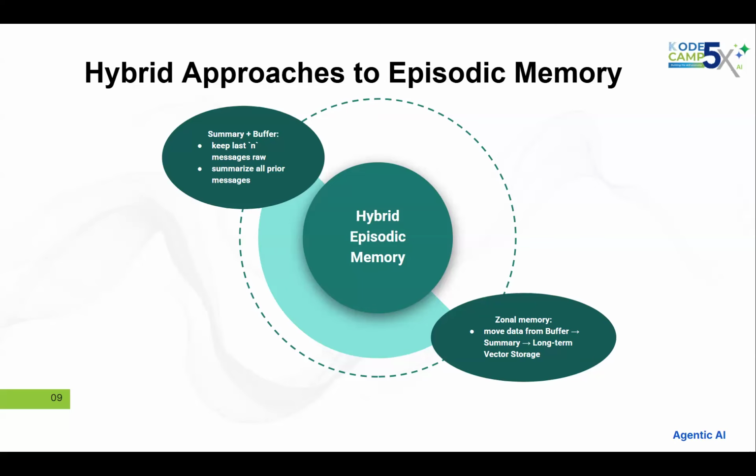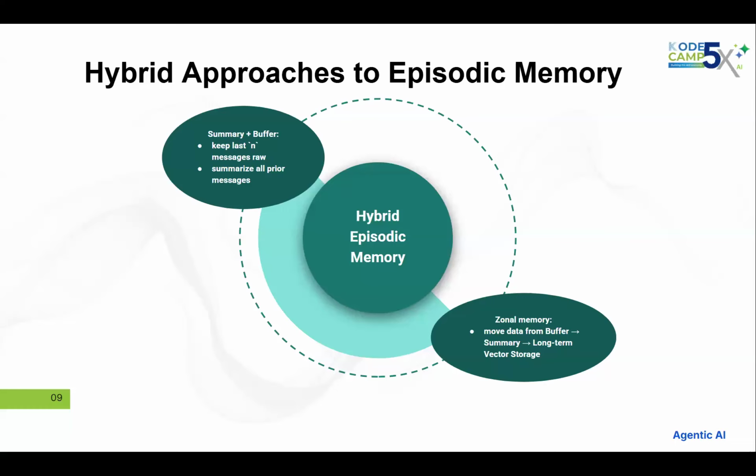But you could try to get the best of both worlds by adopting a hybrid approach, where you use both a summary and a buffer. In this case, you could keep the last n messages, where n is an integer. Let's say keep the last 5 messages raw, because those are the most recent messages. Usually, recent messages tend to have more relevance to the current point in the conversation.